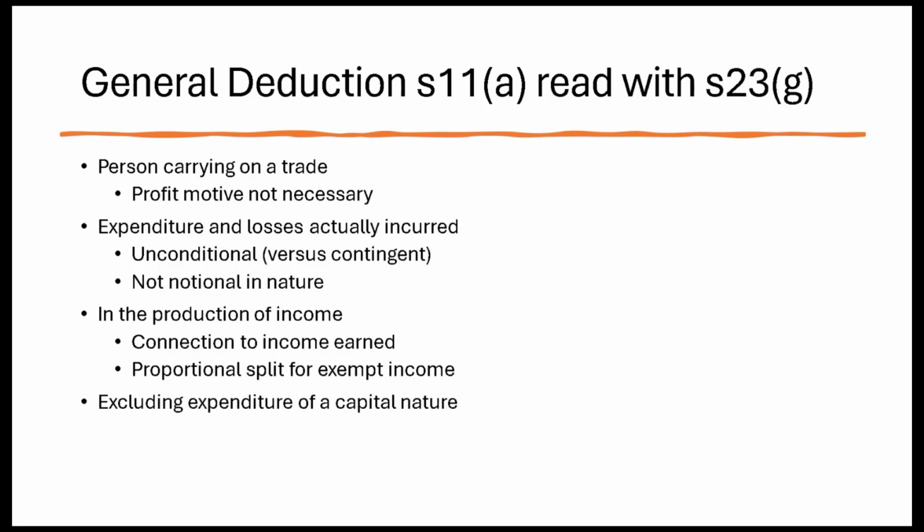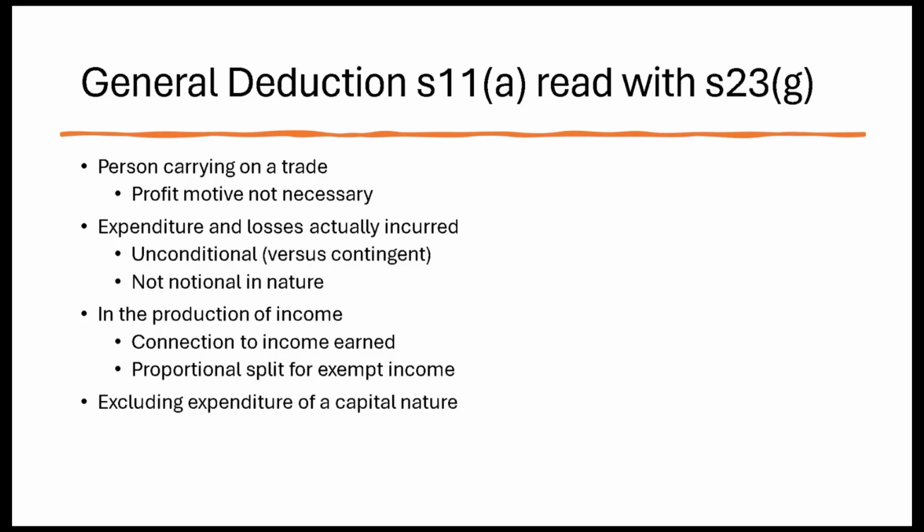And that office space accounts for 10% of the total square meterage of the house. SARS will allow me to deduct the interest on my bond, not the full bond, the interest on my bond to the extent that I'm using it to carry on a trade. So the 10% that I'm using to carry on a trade, I can deduct as a deduction for tax purposes.